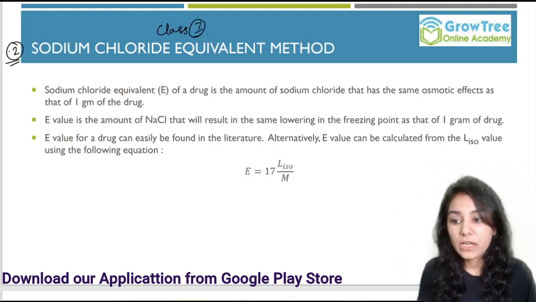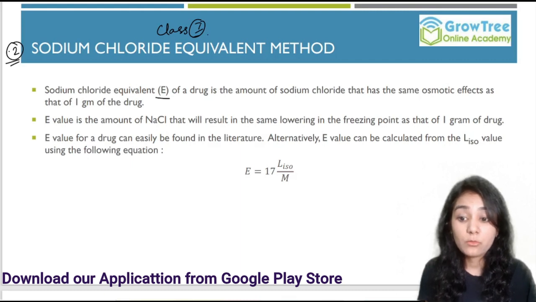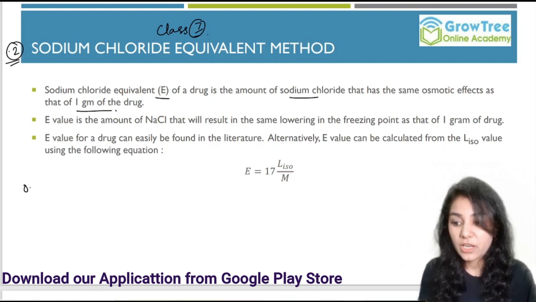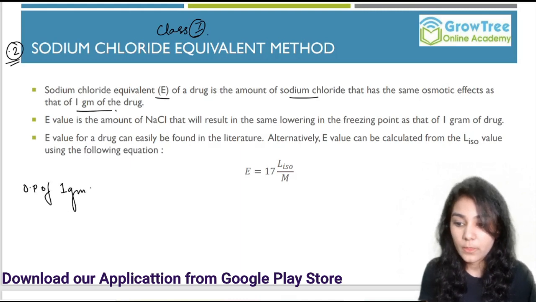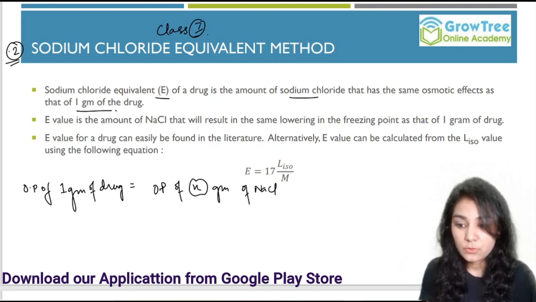So the sodium chloride equivalent of a drug is the amount of sodium chloride that has the same osmotic effect as that of 1 gram of the drug. For example, if the osmotic pressure of 1 gram of drug is equal to the osmotic pressure of x gram of NaCl, then this x will be the sodium chloride equivalent of that drug.